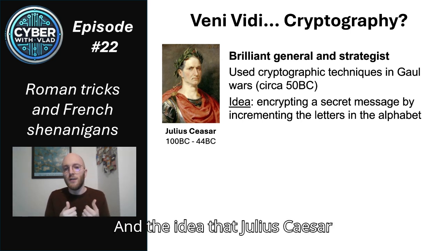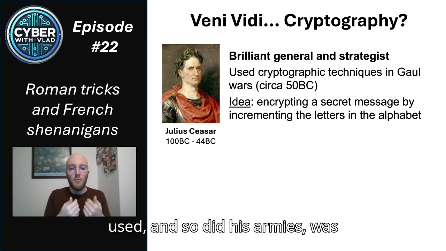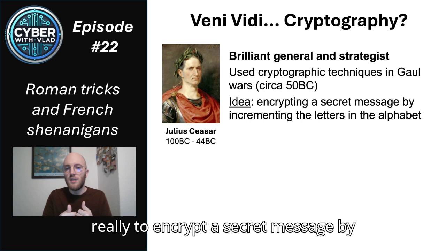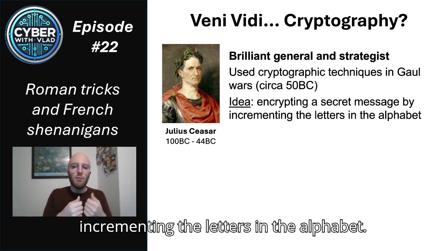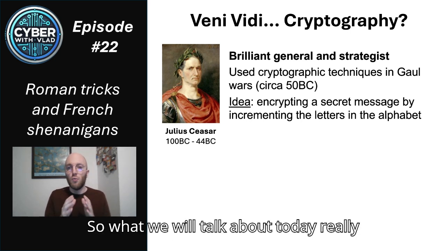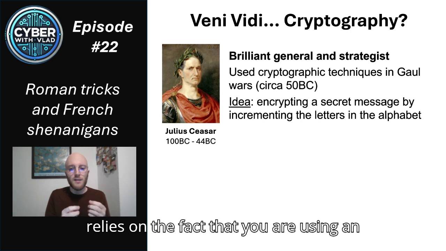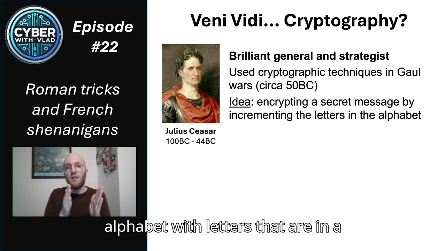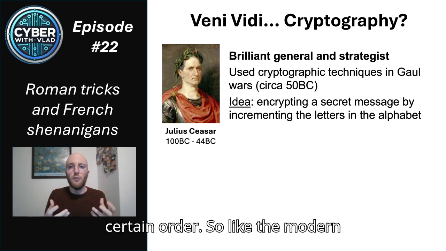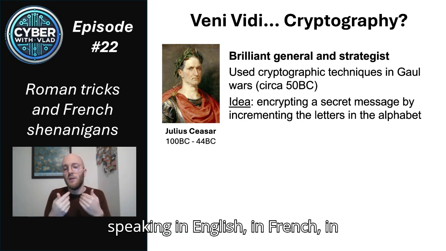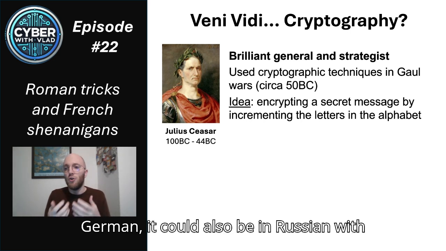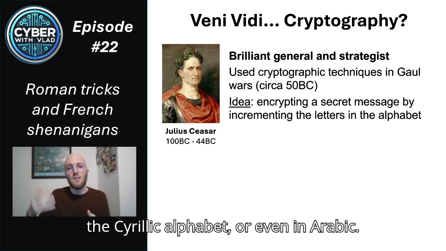The idea that Julius Caesar used, and so did his armies, was to encrypt a secret message by incrementing the letters in the alphabet. What we will talk about today relies on the fact that you are using an alphabet with letters in a certain order, like the modern alphabet, whether you're speaking English, French, German, Russian with the Cyrillic alphabet, or even Arabic.